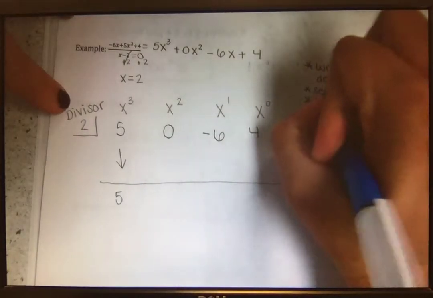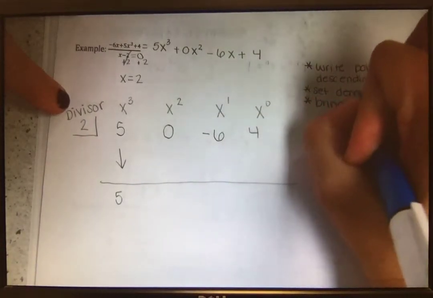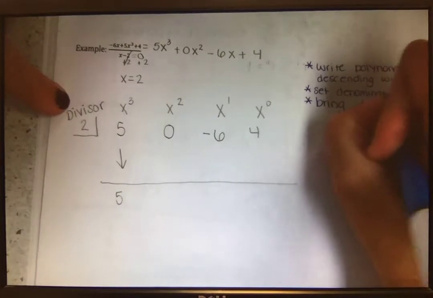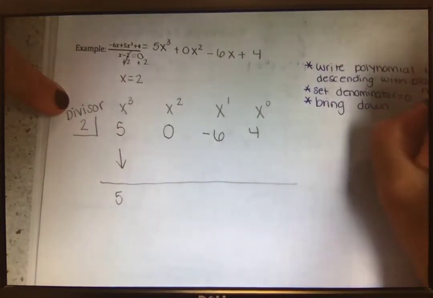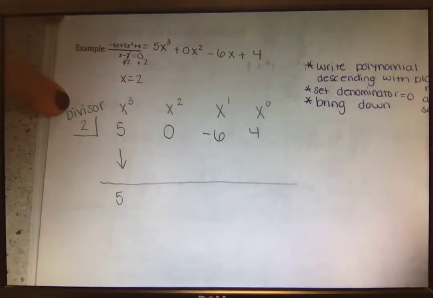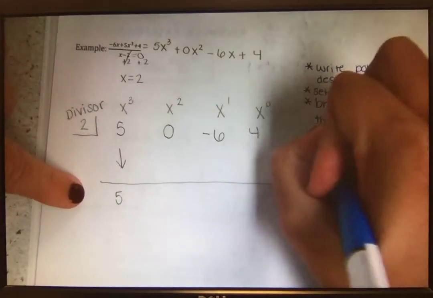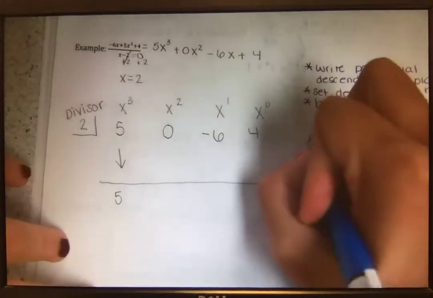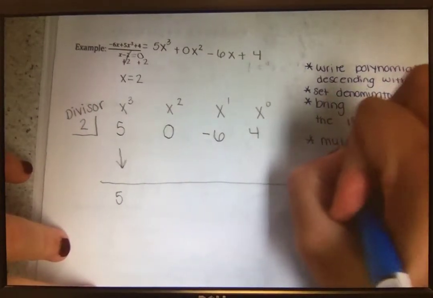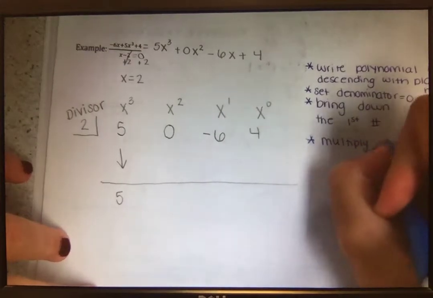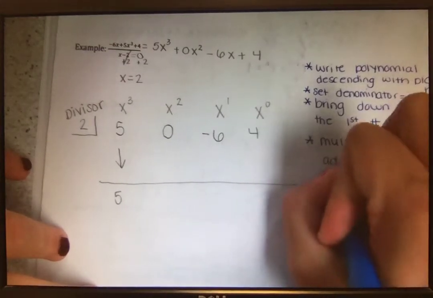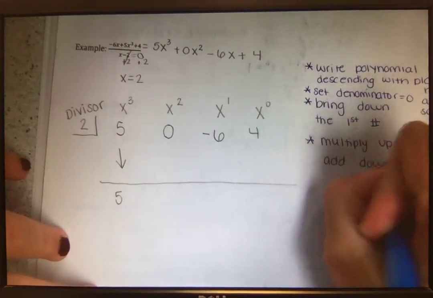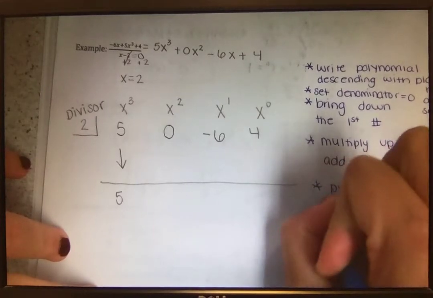So we're going to set the denominator, the bottom of our fraction, equal to 0, and solve. Then we're going to bring down the first number. And then we're going to multiply up. And then we're going to add down. Then lastly, we're going to put the variables back in.